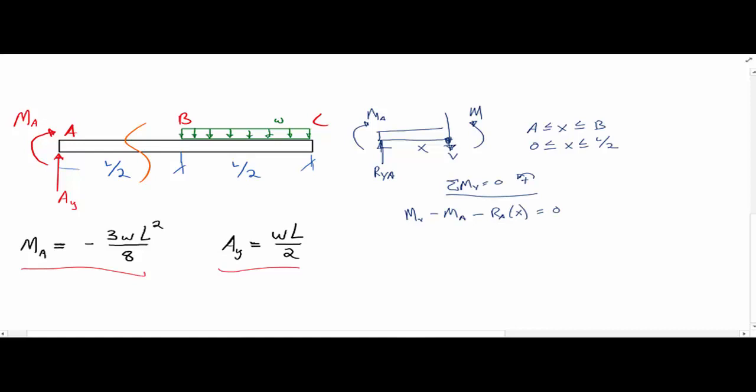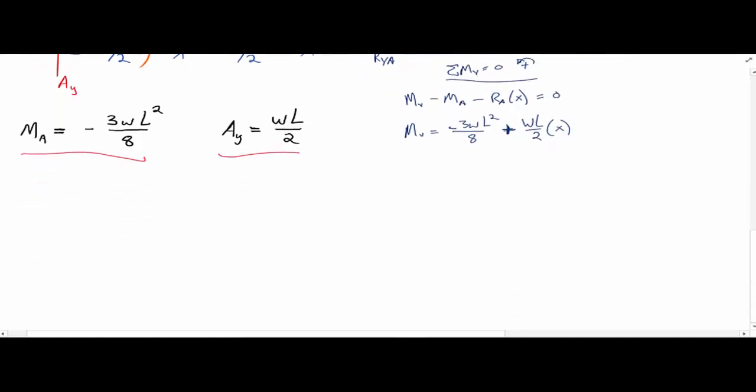And so our moment V will equal negative 3WL squared over 8 minus WL over 2 multiplied by x. Oops, I'm sorry, this is a plus. Okay, so now this is the moment that we determined.